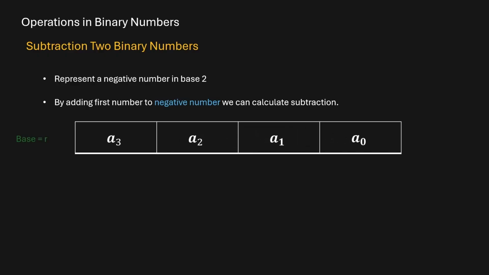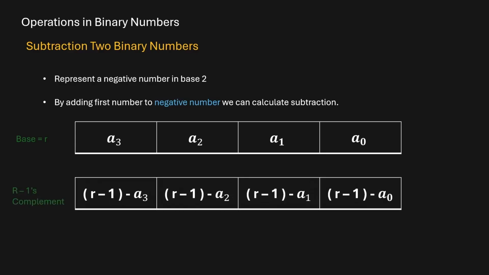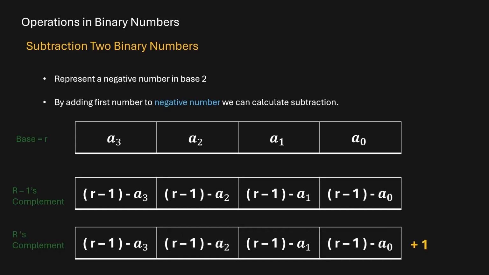Suppose we have a 4-digit number in base r, for example a0, a1, a2, a3 as the digits of the number. The first step is to compute the (r minus 1)'s complement of that number, and then add 1 to it to obtain the representation of the negative number.